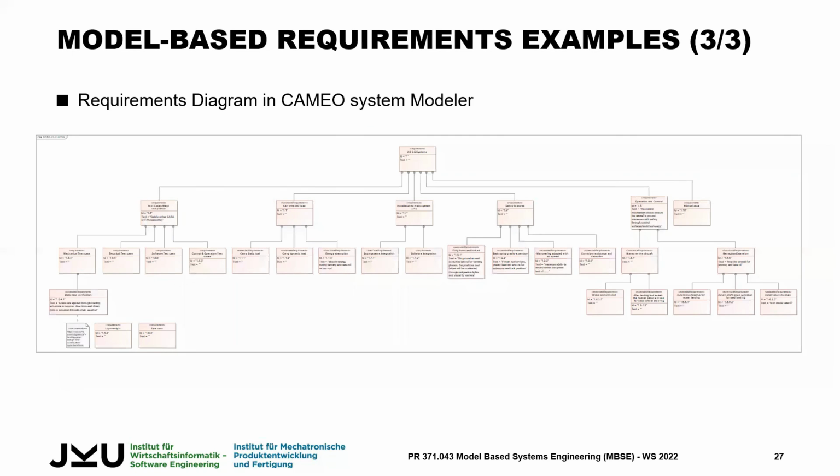Okay, the same requirements, I made with Cameo System Modeler. I actually like Cameo System Modeler, because it's quite easy to handle, especially for the requirement engineering part. So here is the main requirements, and here the requirements number.